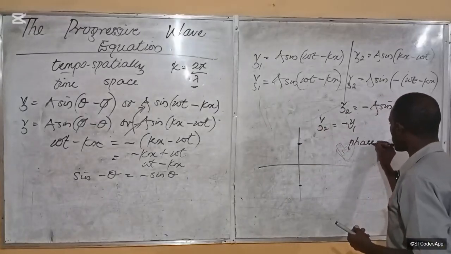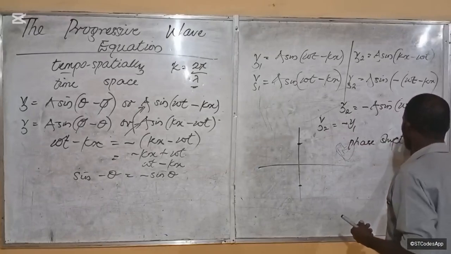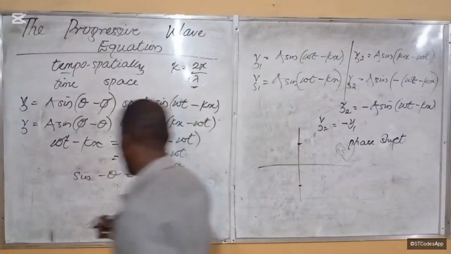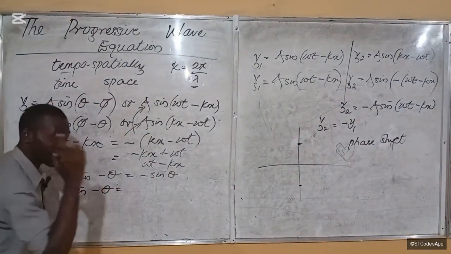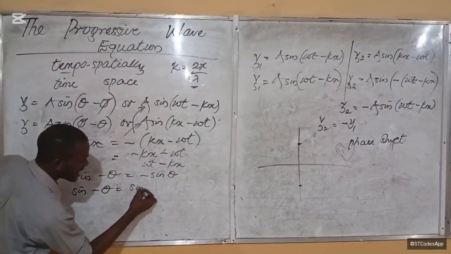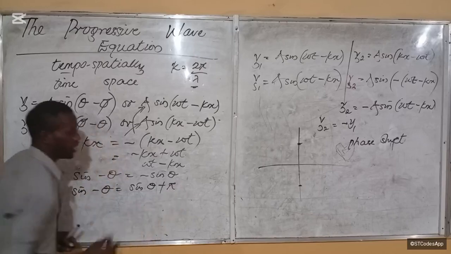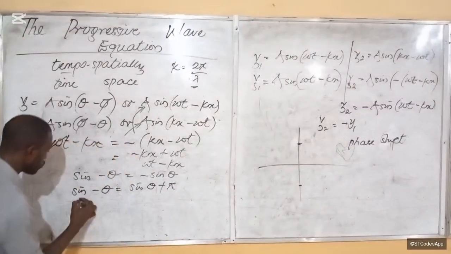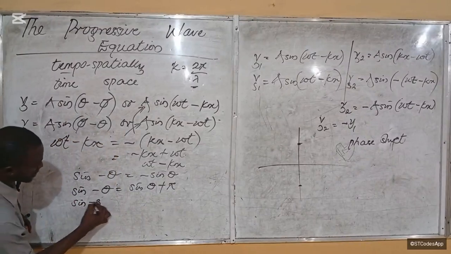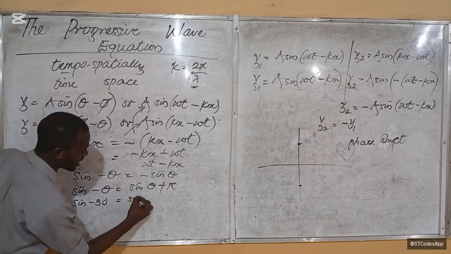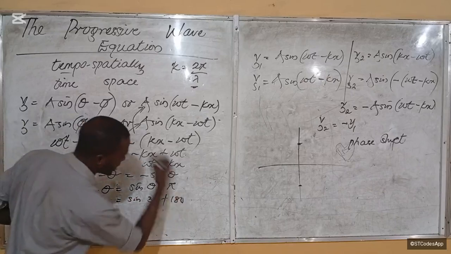All right. It's called what? A phase shift. Okay, now let me show you another thing mathematically. If I have sine of minus theta, it is the same as the sine of theta plus pi. You can type that in your calculator using the angle 30 that we used: sine of negative 30 is the same as sine of 30 plus 180.